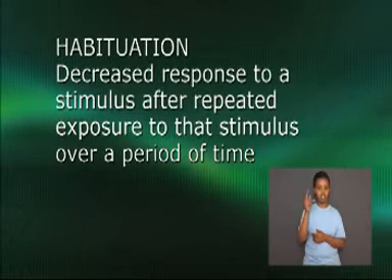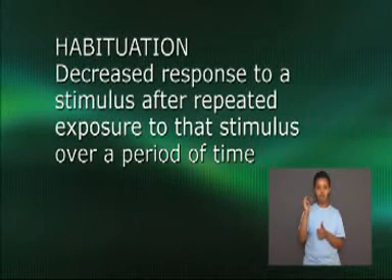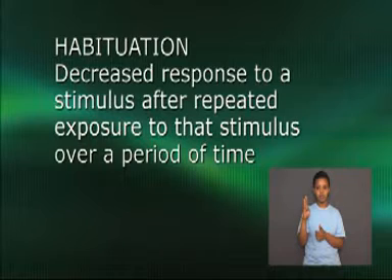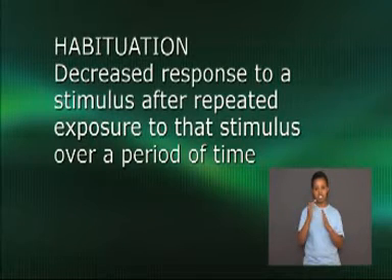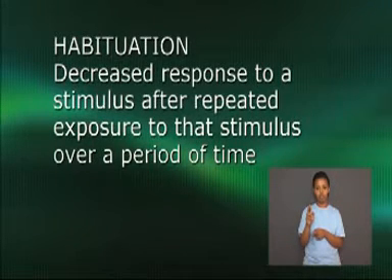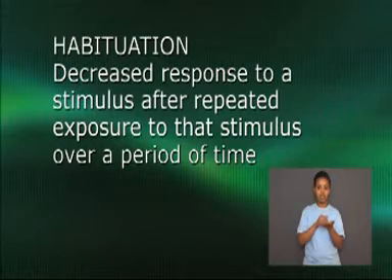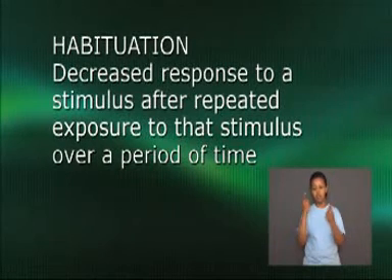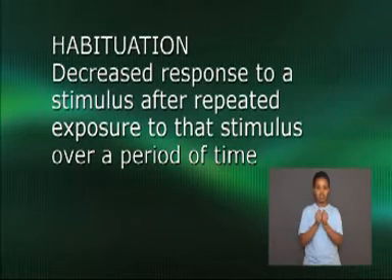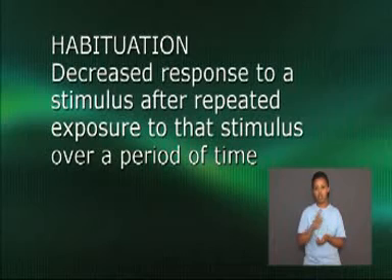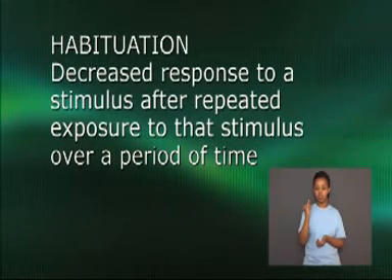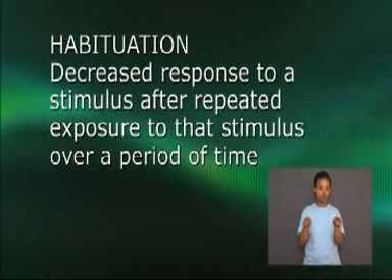Habituation is the process in living organisms in which there is a decreased response to a stimulus after repeated exposure to that stimulus over a period of time. Habituation can occur at different levels in the nervous system.